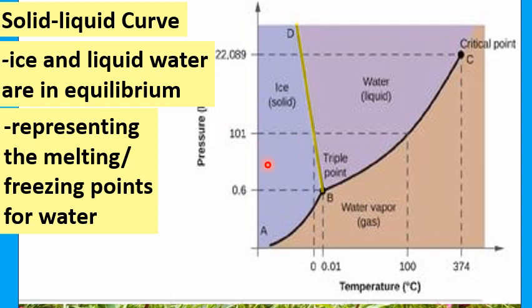At standard pressure of 101 kilopascal, the freezing point of pure water or the melting point of pure ice is exactly equal to 0 degrees Celsius.